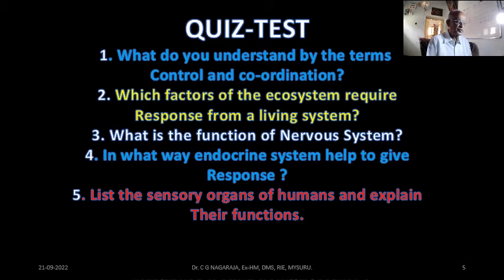List the sensory organs of humans and explain their functions. The sensory organs you must remember are eyes, ears, nose, tongue and skin. You must try to explain the functions of each one of them.